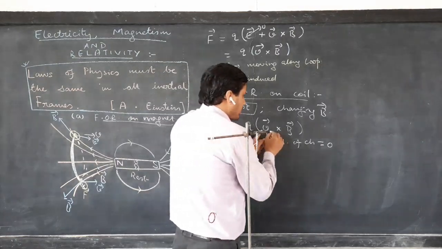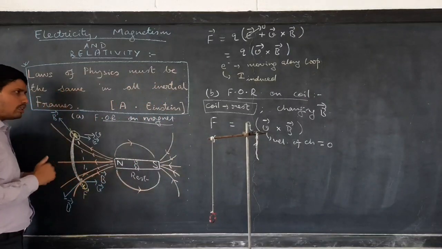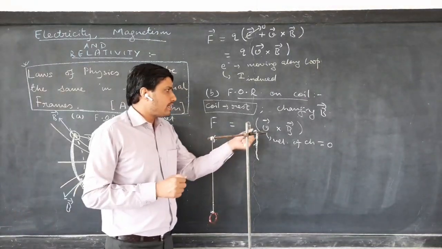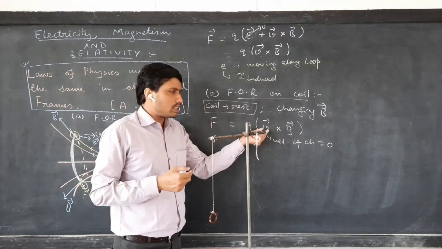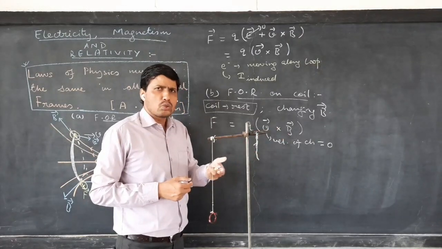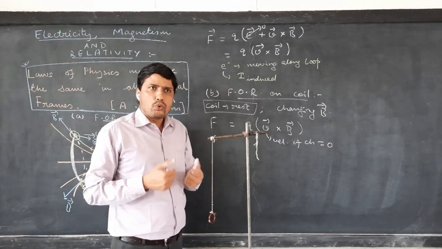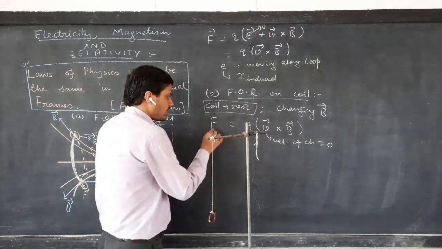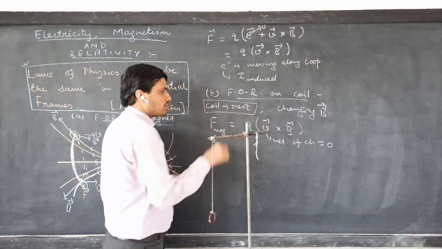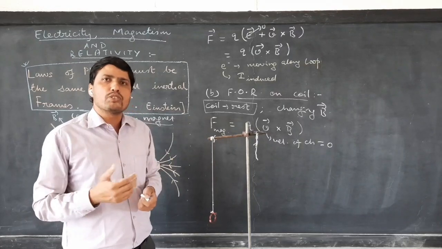So this is very surprising: since I am considering my frame of reference on the coil, I will say that the free electrons or the charge carriers are at rest, and therefore by bringing the magnet closer or away, whatever be the value of the magnetic field, the magnetic force on each and every charge must be 0.